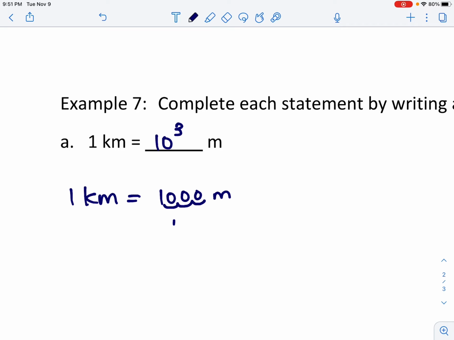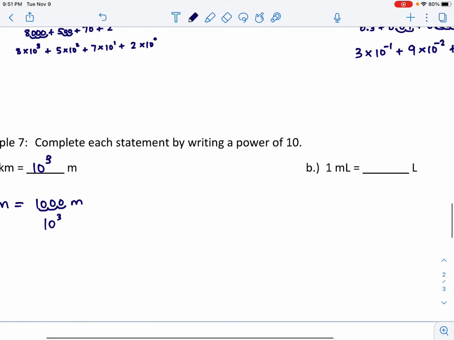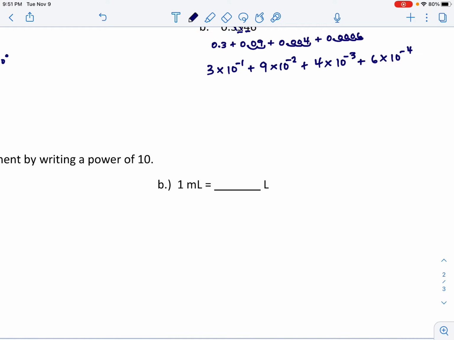Okay, so that is just 10 to the third. One milliliter equals 0.001 liters. So this one is going to be 1, 2, 3. So that's going to be 10 to the negative 3 liters.